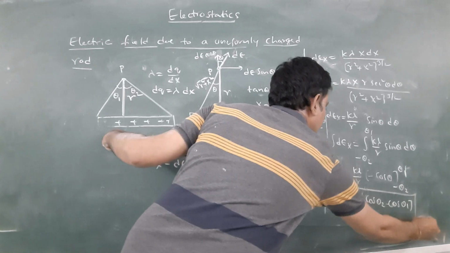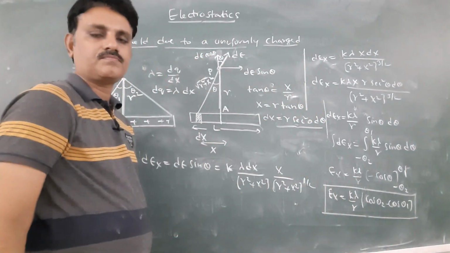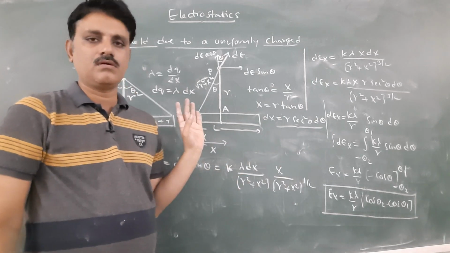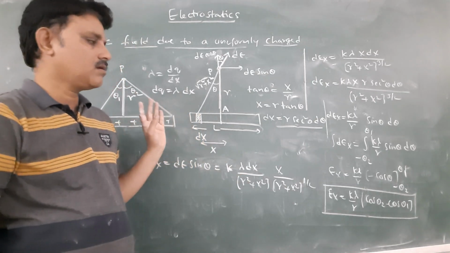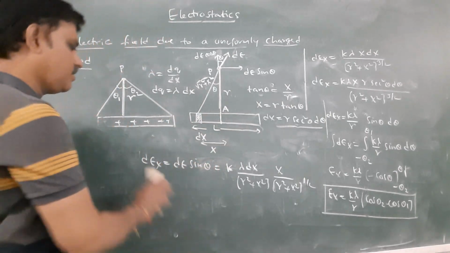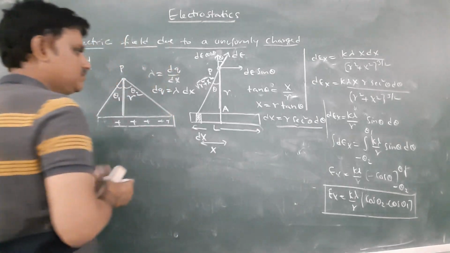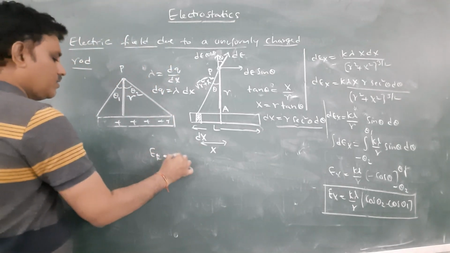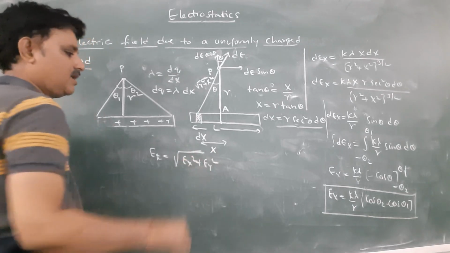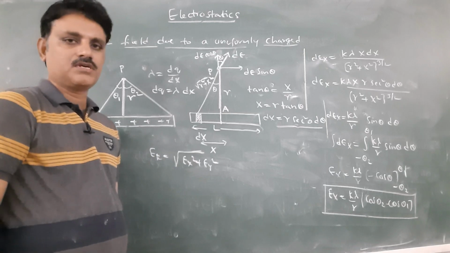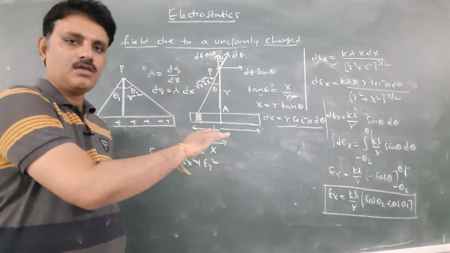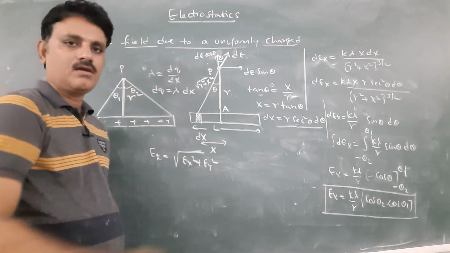Okay students, this is about the electric field values along y and x directions. Then if you want to calculate the resultant electric field, the relation is root over Ex square plus Ey square. If you substitute these two values, it is possible to calculate the resultant electric field with respect to a uniform rod at any perpendicular point P.